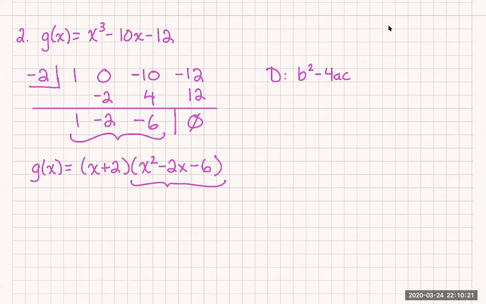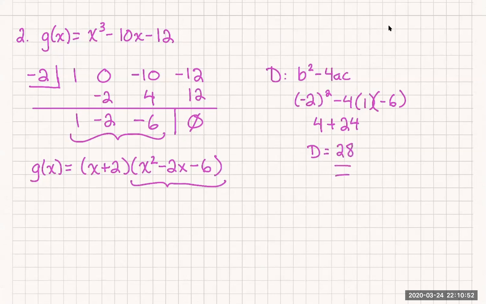Okay, so in this case, for this quadratic, b is -2, b squared minus 4 times a, which is 1, times c, which is -6. So -2 squared is positive 4. Minus 4 times 1 times -6 is plus 24, which gives me a discriminant of 28.